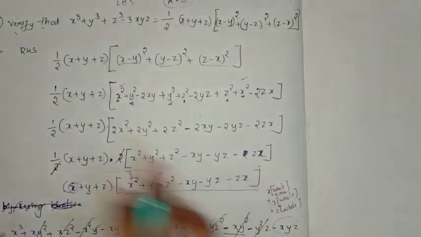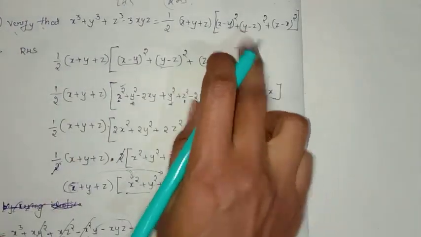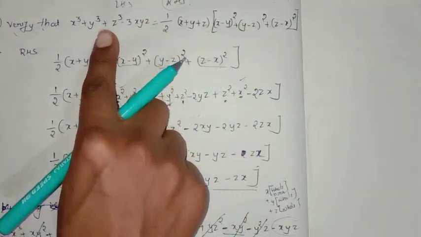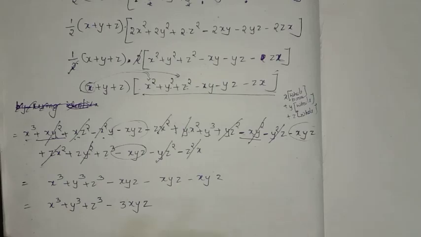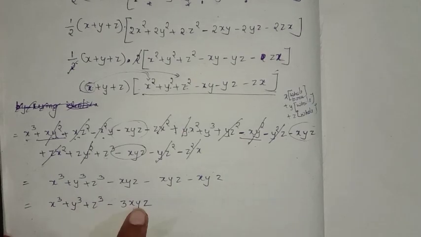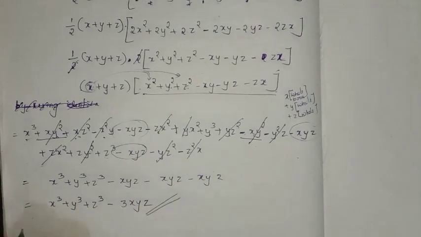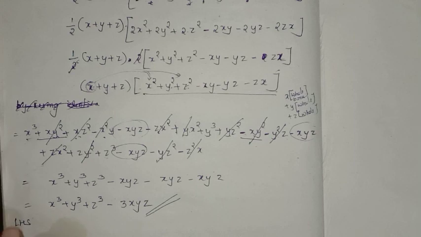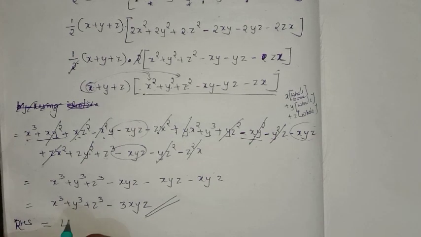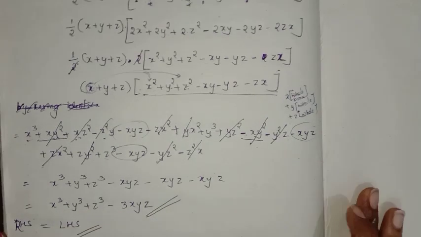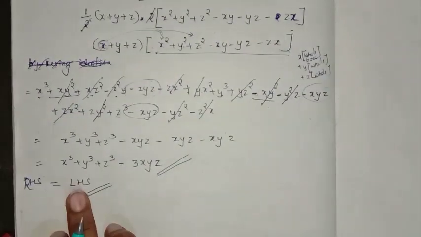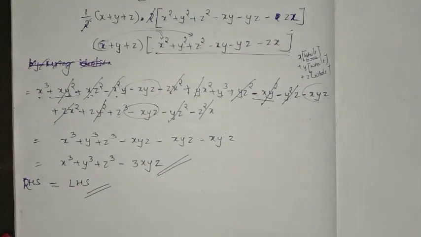As we started with the RHS, did we get the LHS exactly? Yes, x cube plus y cube plus z cube minus 3xyz. That means the RHS we started with is equal to the LHS value, so whatever they asked us to verify is proved. So let's move towards the 13th question.